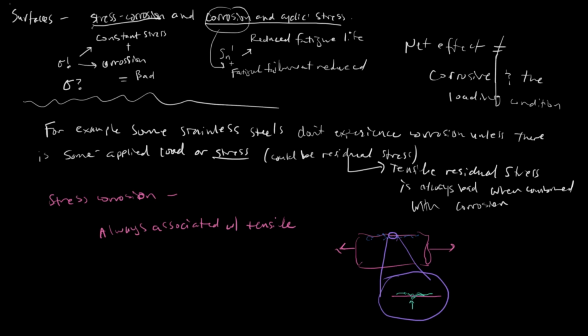So if we have a crack that starts to form and we have tensile stress due to some applied or residual load, then it'll cause this crack to propagate a lot faster through the material. So when we talk about stress corrosion, we're talking about the corrosion that's due to crack growth in the presence of a corrosive environment and an applied load.